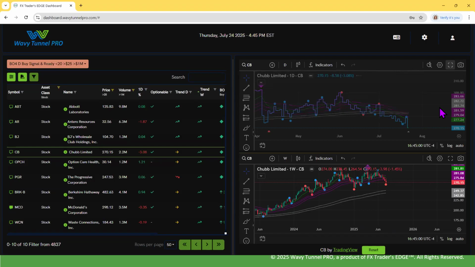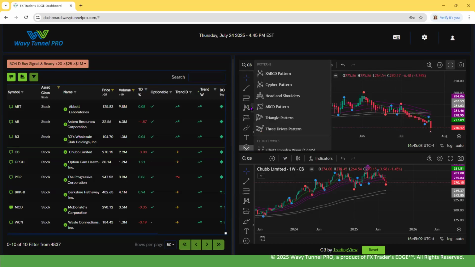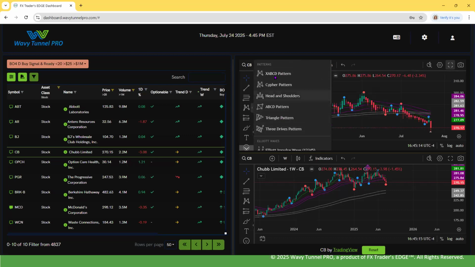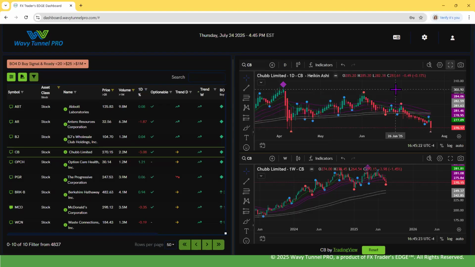I know some of my clients really love Heikin-Ashi, so you can get that feature. You can put wave counts on it if you want. These are all of the Elliott wave patterns. These are harmonic patterns, so you can just draw them in because this is from the TradingView interface. So this has a lot of features. Very interesting.